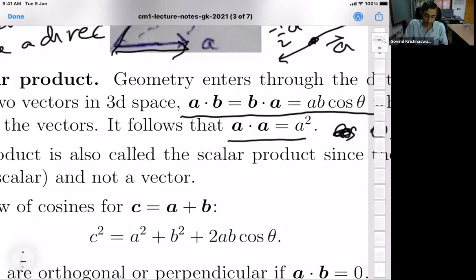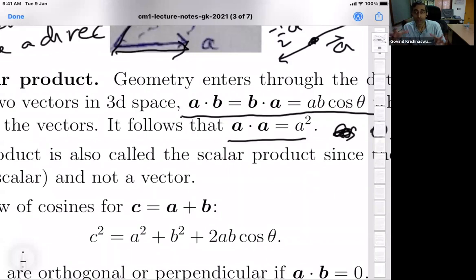So what we are concluding is that the length of the vector is itself related to the dot product, and so is the angle between two vectors. So again, what is geometry? Geometry is things like lengths, things like angles, the shapes of curves, the rigidity of objects.